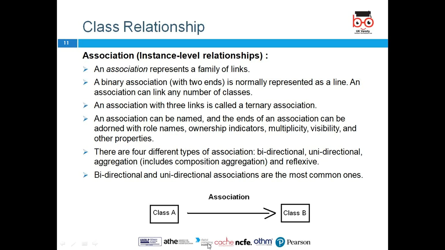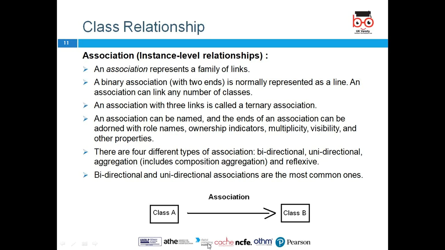There are four different types of associations: bidirectional, where class A is associated with B and B is associated with A, unidirectional, and then aggregation and reflexives. We will be discussing those in the next slides.